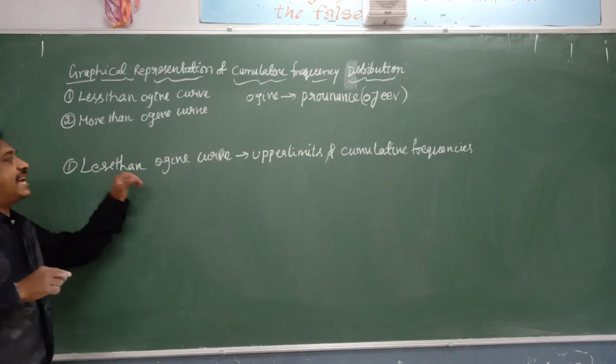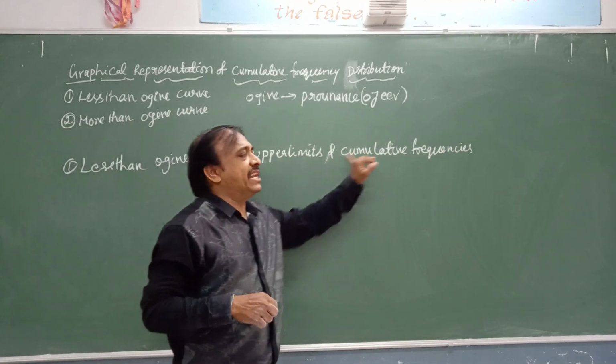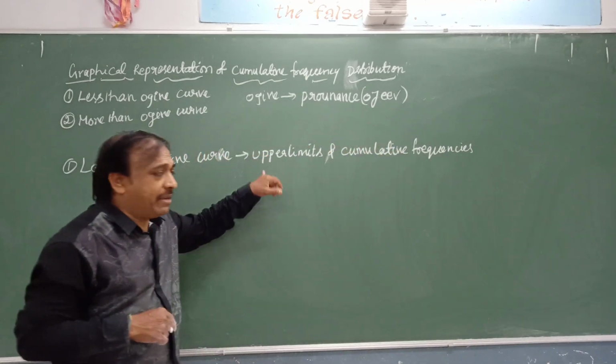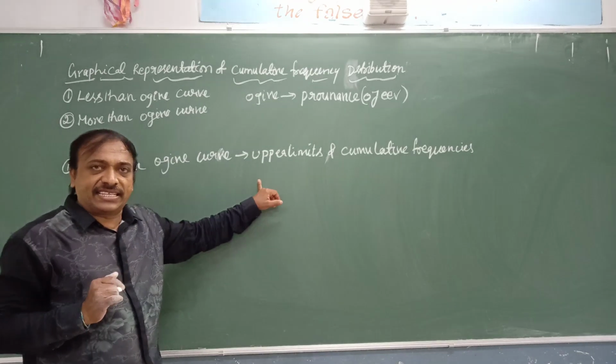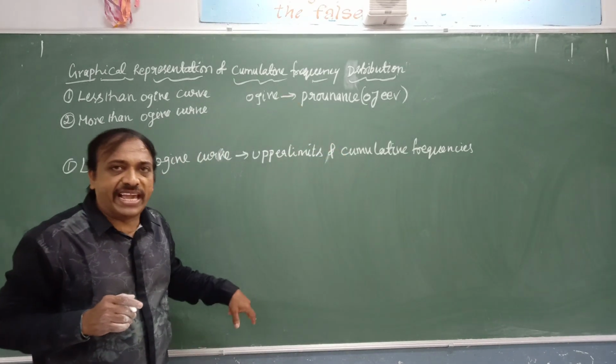Remember, less than ogive curve means we use upper limits and cumulative frequencies: upper limits on the x-axis and cumulative frequencies on the y-axis.